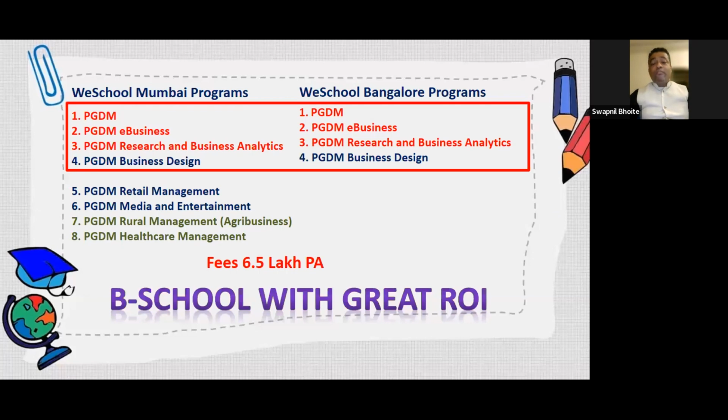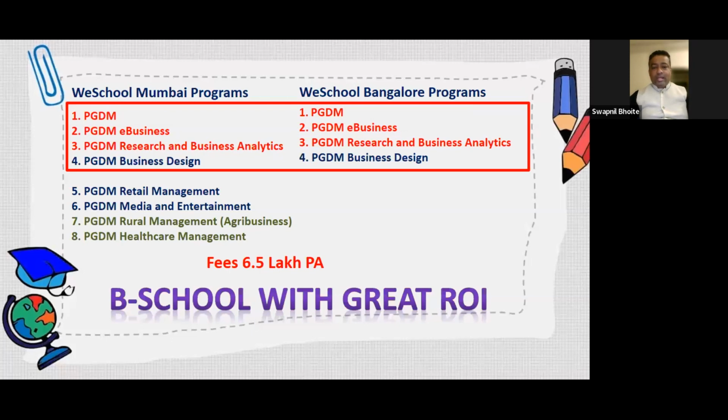The top programs in Bombay and Bangalore are PGDM, e-business, research and business ethics, and business design, which are there also in Bangalore. Both are fabulous campuses, and Bombay also has the sectoral programs, which are retail, media, rural, and healthcare, which are doing fabulous.